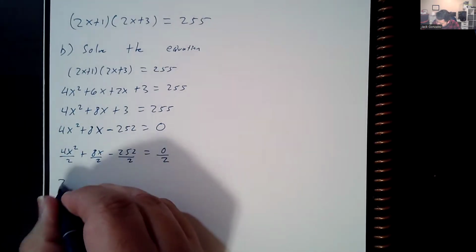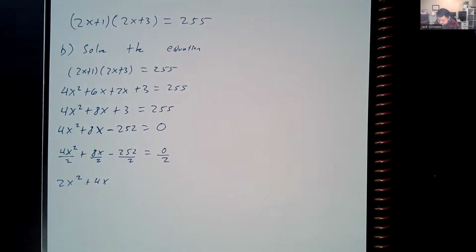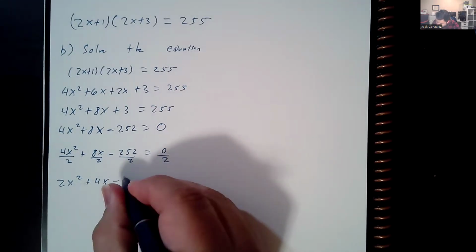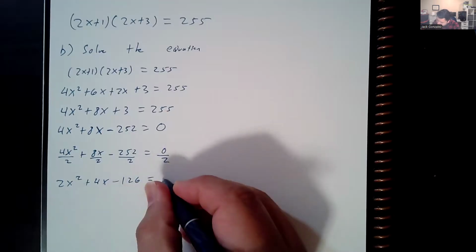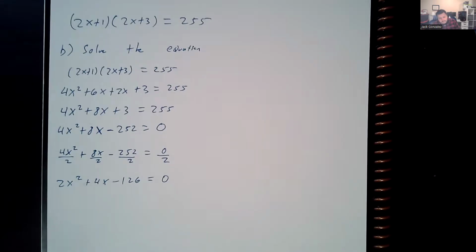This would become 2x squared plus 4x, 252 divided by 2, out of paranoia. We should know that answer. It's one of the special numbers. Okay, so there we go. So now we can factor. Oh, they're still even. Dang it. Well, that's a good thing.